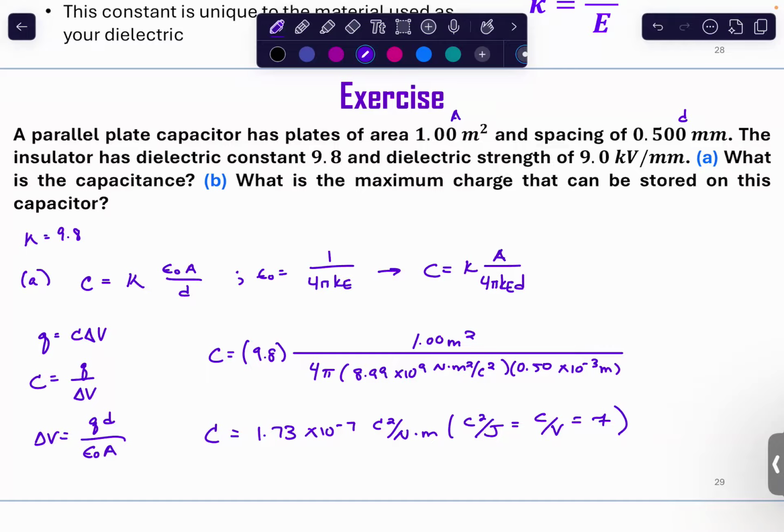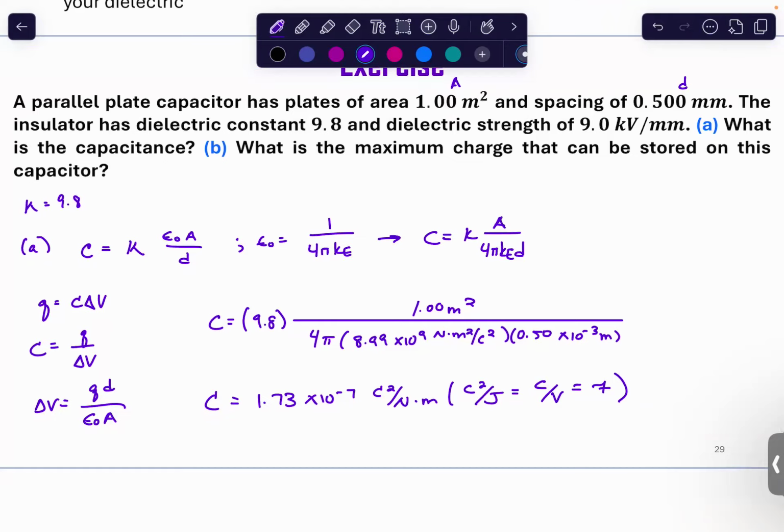It's farads. So that gets us our capacitance.